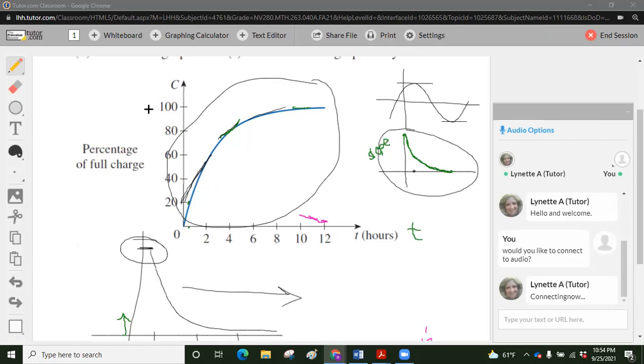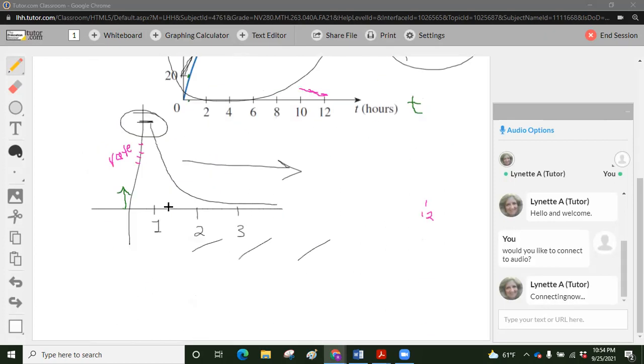So this is why you have to think of these Y values as rate. This is not the same graph. Immediately after 0, I have a pretty high rate of gaining charge in my cell phone.